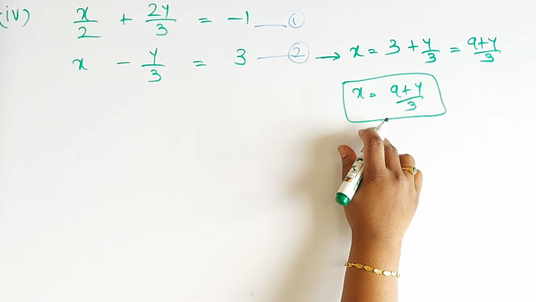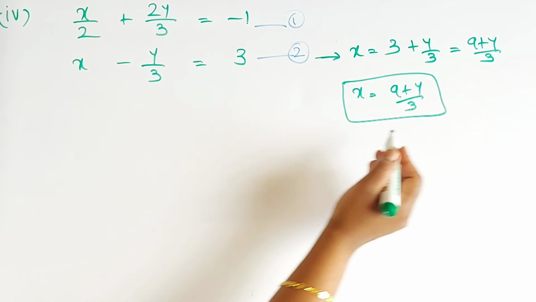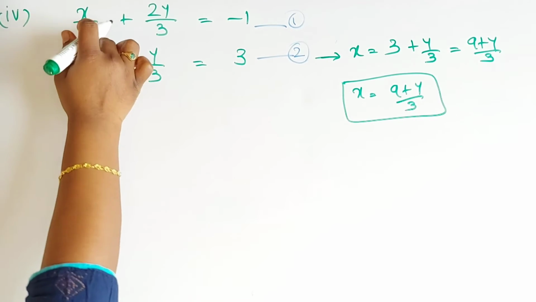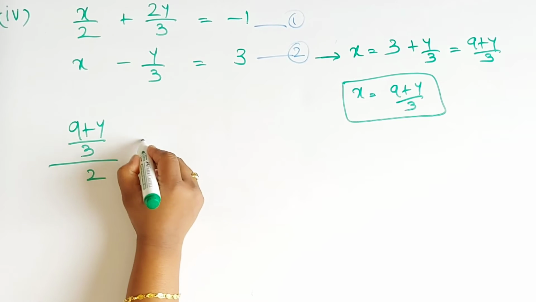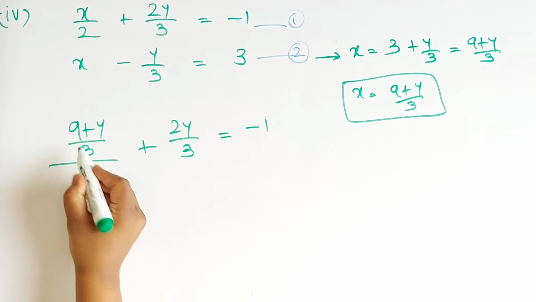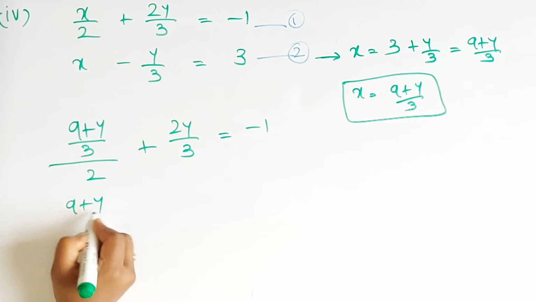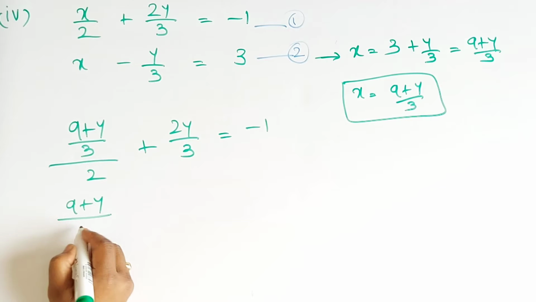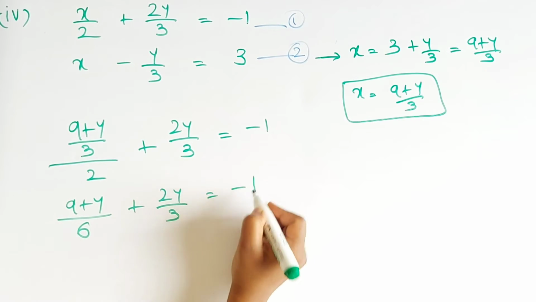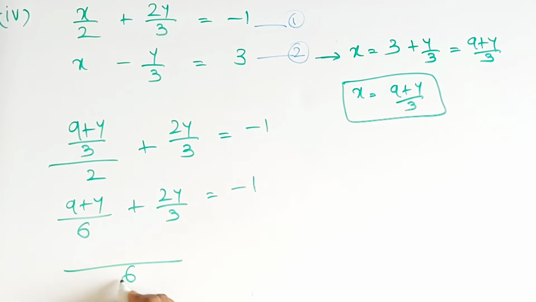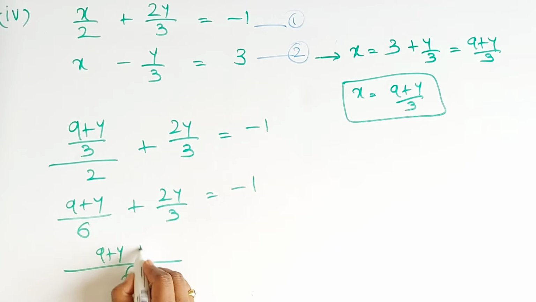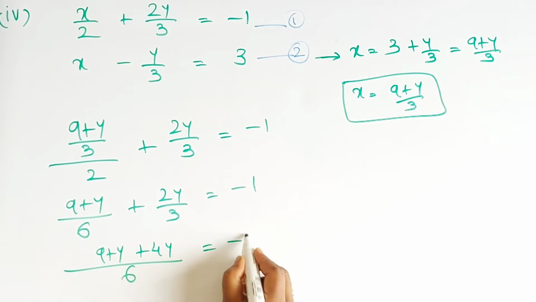This one we have to substitute in the first equation. x is (9 + y/3). (9 + y/3) divided by 2 plus 2y/3 equal to -1, children. Here (9 + y/3) again by 2. That means (6 + 2y) divided by 3 equal to -1. From here we can take the LCM, that is 6. 9 plus y, 3 twos are, that means 2 into 2y, 4y equal to -1, children.